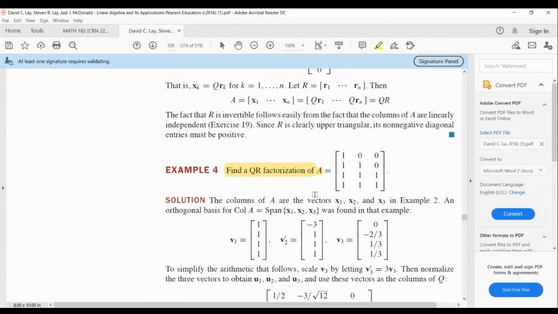So here, in example 4, they want you to find the QR factorization of this matrix A. Now notice the column vectors of the matrix A are the same vectors as the example that we just did, which is example 1.